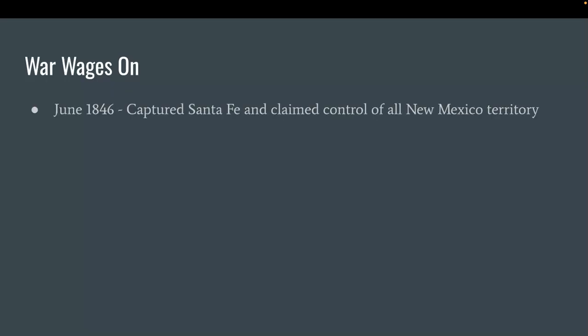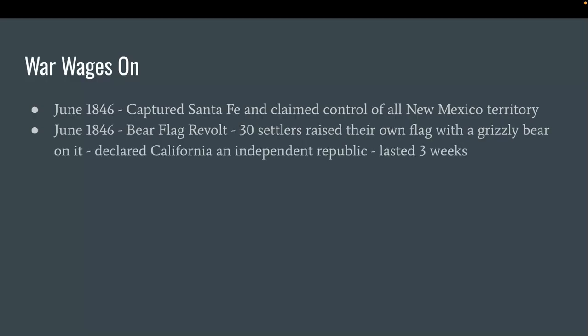June of 1846, the United States captured Santa Fe and claimed control of all New Mexico territory. In June 1846, in what would become California, there was what they called a Bear Flag Revolt. So 30 settlers raised their own flag with a grizzly bear on it and declared that California was now an independent republic, just like Texas was.